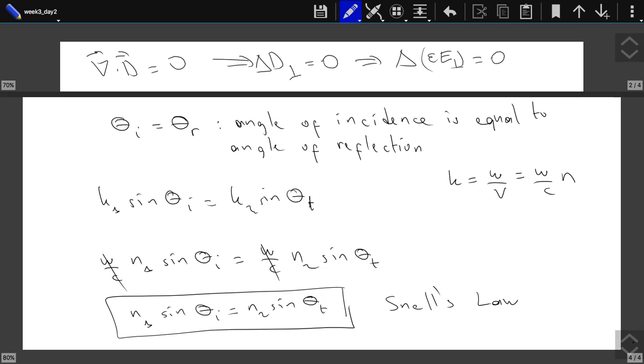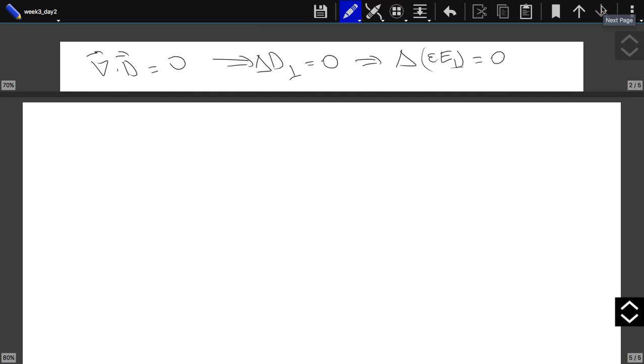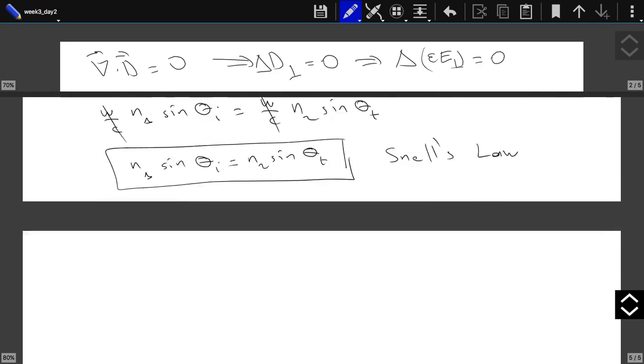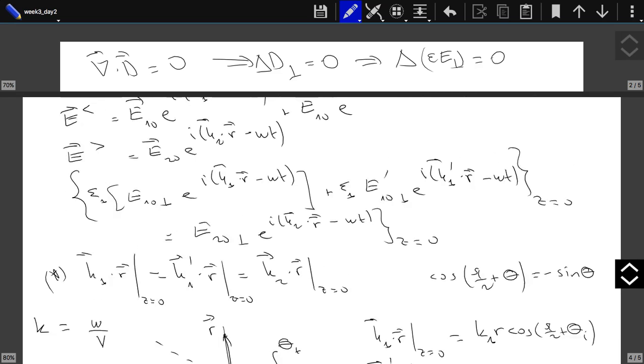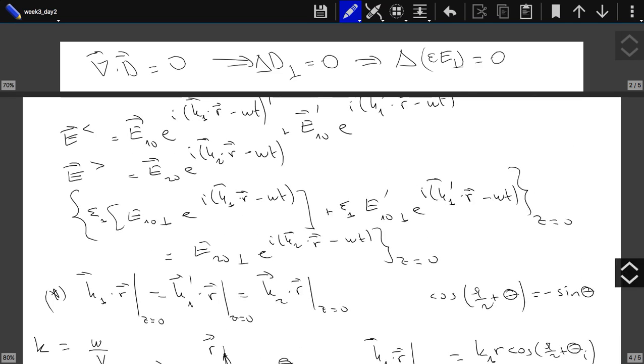Now let's come to our boundary conditions. Up to now, we didn't really impose the boundary conditions. We just said that they should be satisfied at every point to obtain the Snell's law. Now let's impose that they should be satisfied. Since we have the Snell's law, we also have the equality of the frequencies.